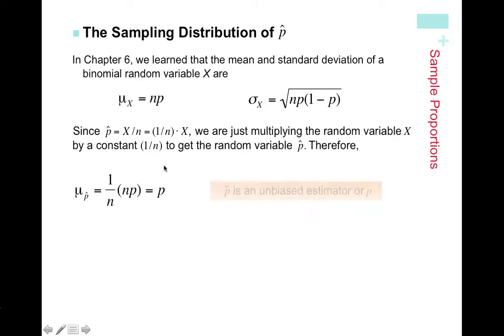Therefore, the mean of our sample proportion is equal to 1 over n times np, the mean of our random variable. Well, 1 over n times n is just p.